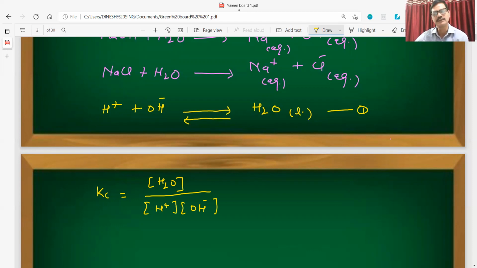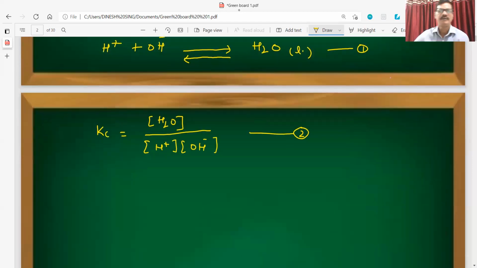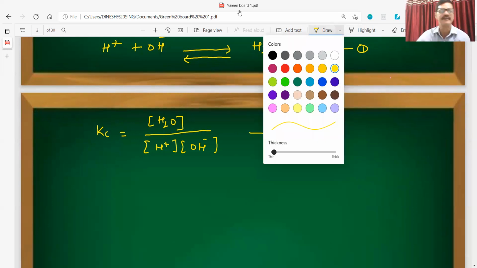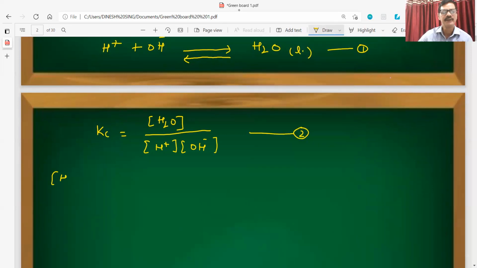So this is equation 2. Now, since the salt solution will be a neutral solution, the H positive and OH minus ion concentrations will be equal to each other at normal temperature. This will be 10 power minus 7 M.